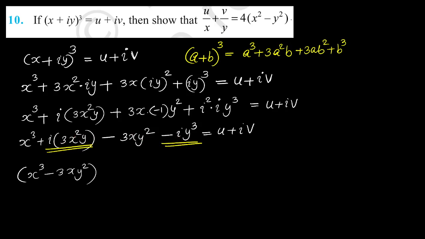So from both the terms I can take i common. i is taken out. If I take i outside, here 3x square y is remaining, and here minus y cube is remaining. Okay, and the right side is u plus iv.